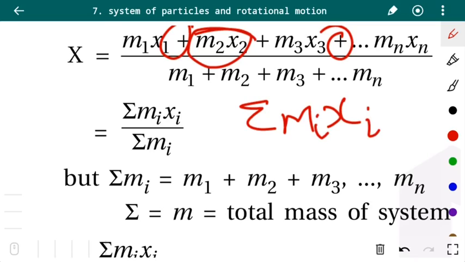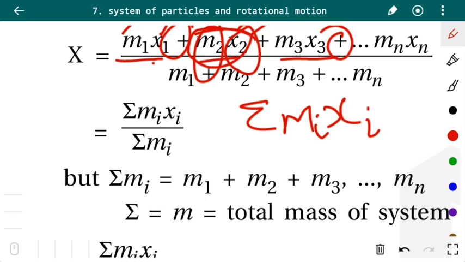Here we are taking i equals 1 to n, upon m1 plus m2 up to mn, that is the total mass, that is summation of m, again taking variable i equals 1 to n. So this is the general formula you can write.